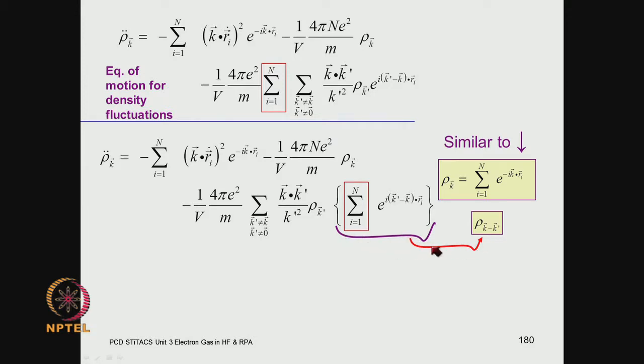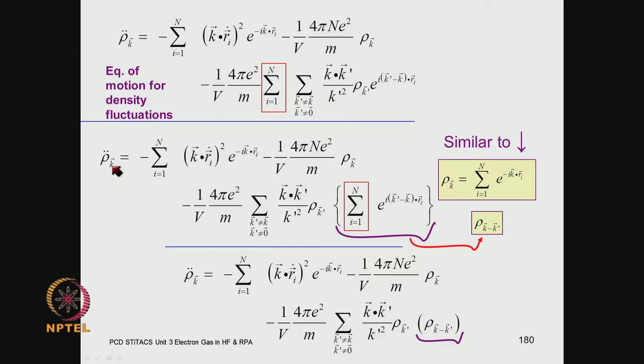And combining this result, we write the second time derivative of rho k to be given by this expression, in which we have now used this rho k minus k prime over here. So you have got one term which is linear in rho k, and this term is quadratic in the Fourier component, one with the index k prime and this with the index k minus k prime.